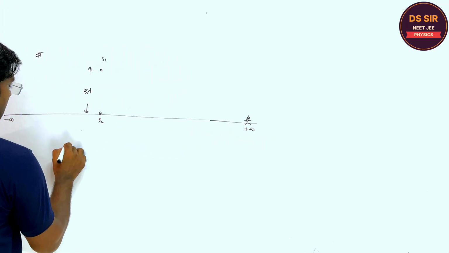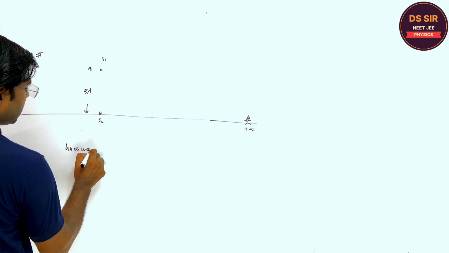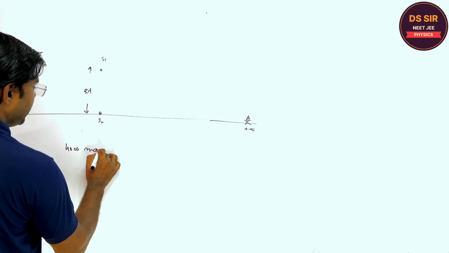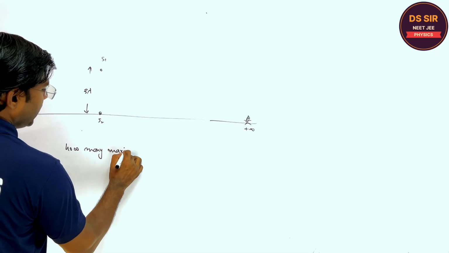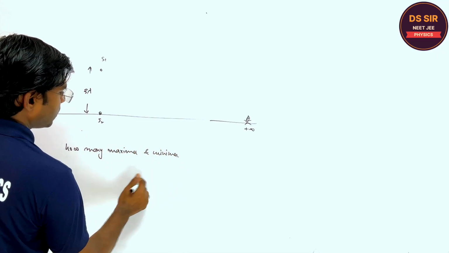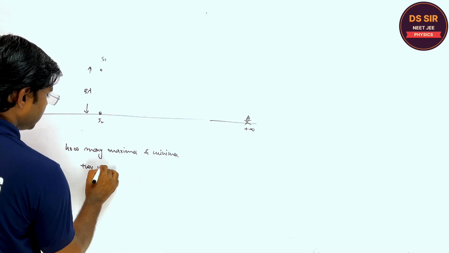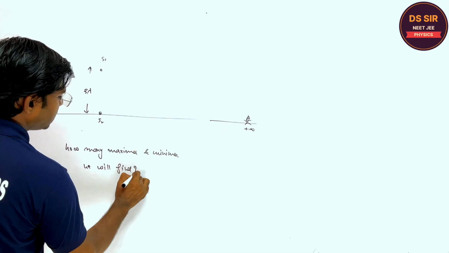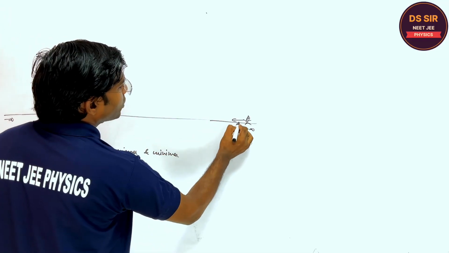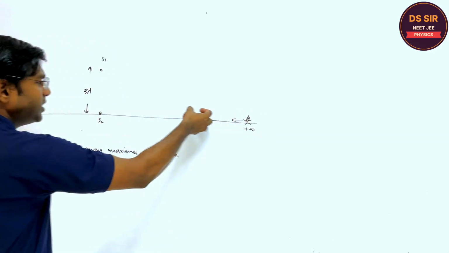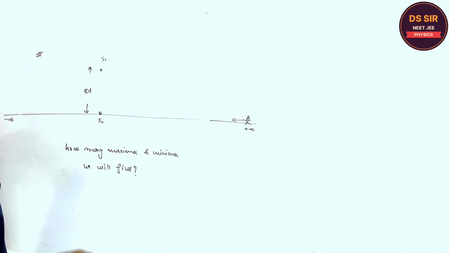How many maxima and minima will they find? This is the question. When the person is moving on this straight line path, copy this. How many maxima and minima will you find?